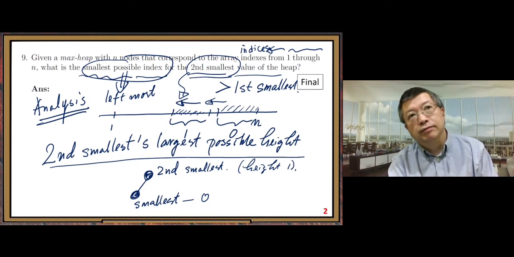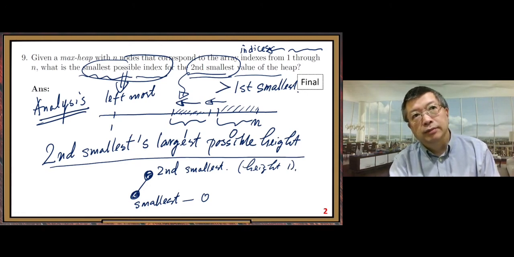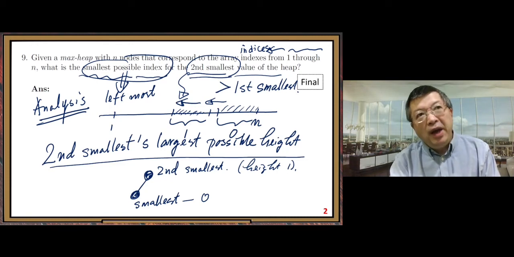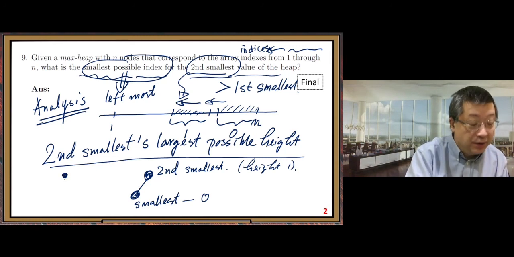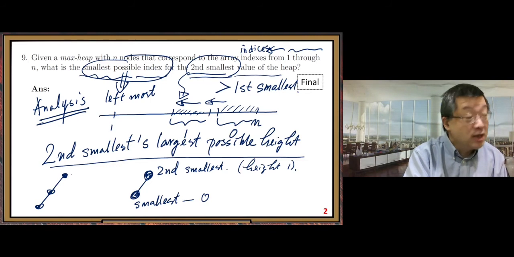Height 1. Height 1, right? Can you imagine height 2? Think about if you have second smallest with height 2, 2 edges reach the bottom, right? So then it cannot be second smallest, right?